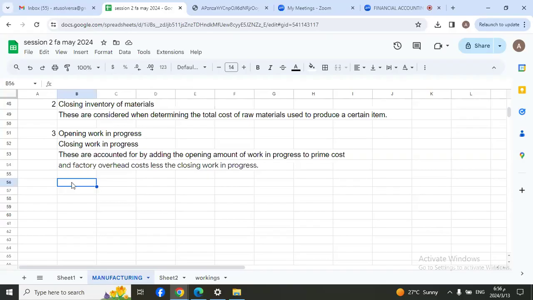So we are going to look at financial statements under manufacturing accounting.